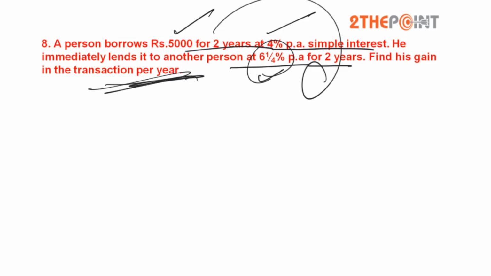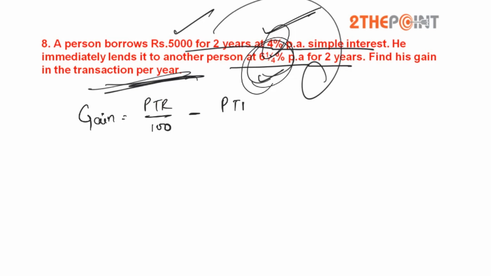To calculate the gain, we have to find the simple interest at 4% and subtract it from that at 6 1/4%. Therefore, gain is equal to PTR by 100 at 6 1/4% minus PTR by 100 at 4%.